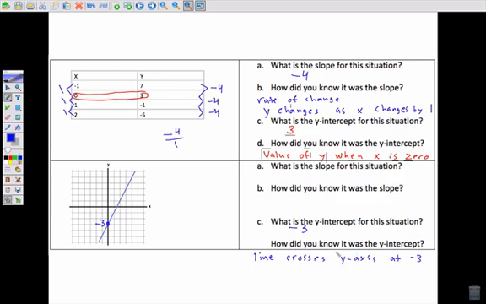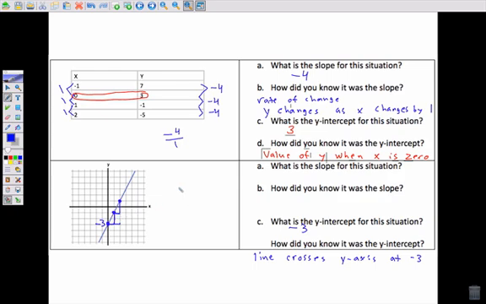Okay. To find the slope, what I'm going to do is pick out another point on this line. So I'm going to pick out this one. Or this one. Actually, let's go with this one. So I'm going to pick that point, draw this in.